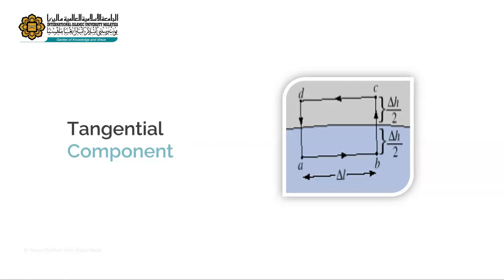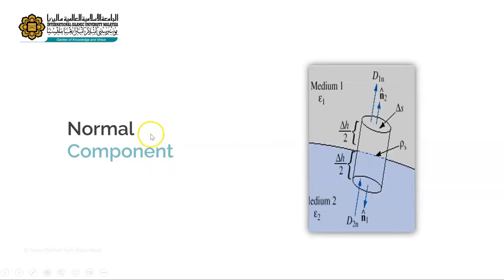The first one is tangential, which is the one going horizontally along the material. The second one is the normal component, which is going vertically through the material.